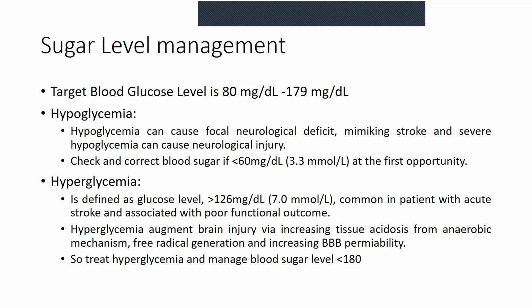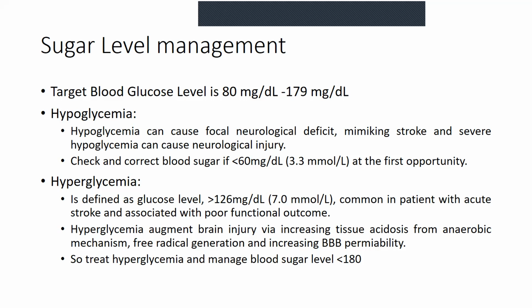We should also check the glucose level of the patient initially. The target blood glucose level should be 80 to 179 mg per deciliter. In case of hypoglycemia, it can cause focal neurological deficits, which can mimic stroke, and severe hypoglycemia can cause neurological injury. Check and correct blood sugar if it is less than 60 mg per deciliter or 3.3 mmol per liter at the first opportunity.